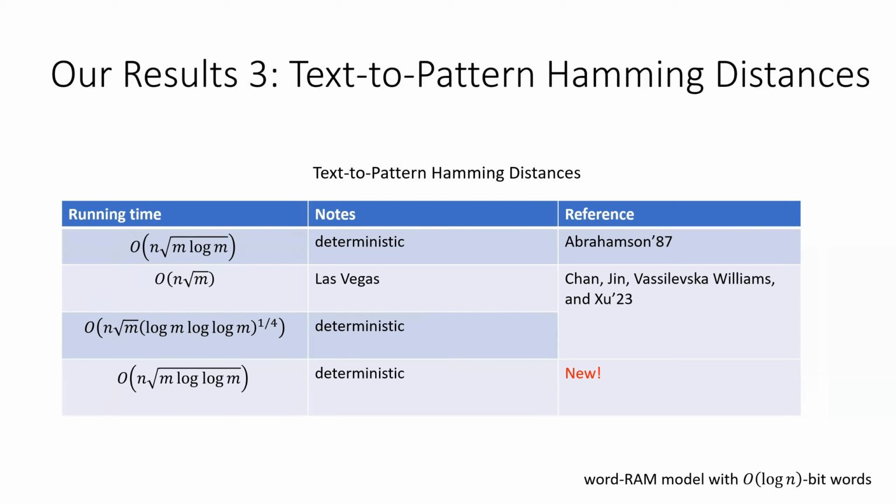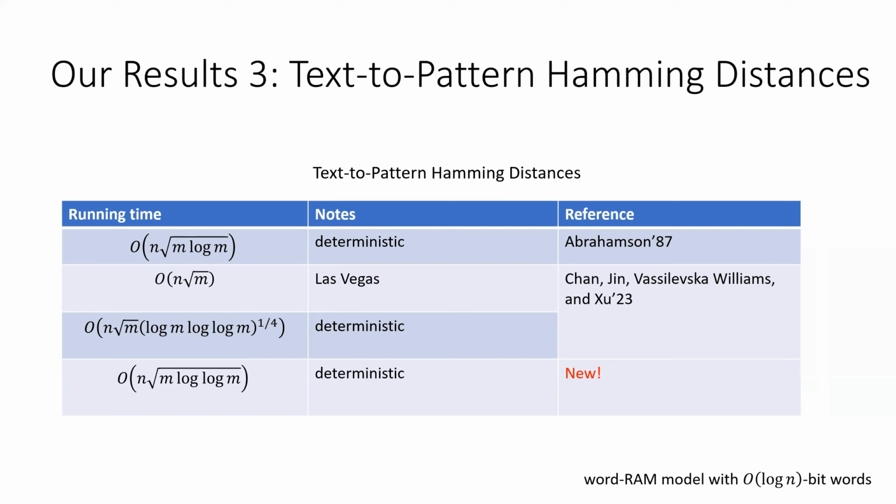And if we only allow deterministic algorithms, then the best known algorithm still has a fourth root of the log n factor. And in this work, we improve the previous deterministic algorithm to run in n root m log n. So we are only a root log n factor away from the best randomized algorithm.